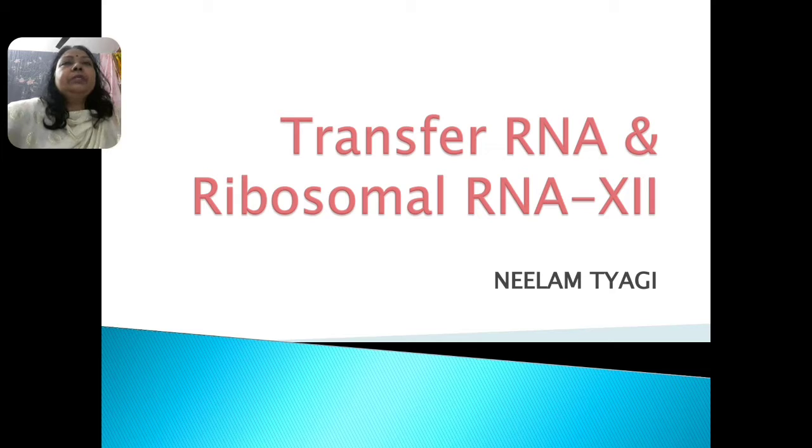They pair with messenger RNA in a complementary and anti-parallel manner, and each transfer RNA can base pair with a stretch of 3 nucleotides on messenger RNA. These 3 nucleotides on messenger RNA are called the codon, and the corresponding sequence on transfer RNA is called the anticodon.